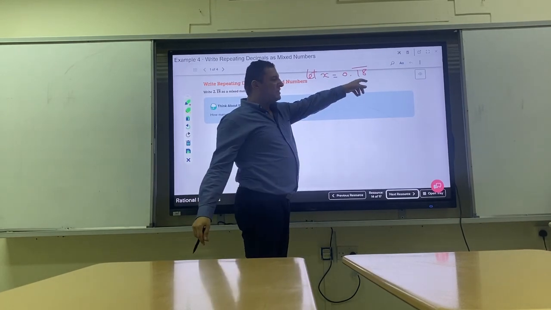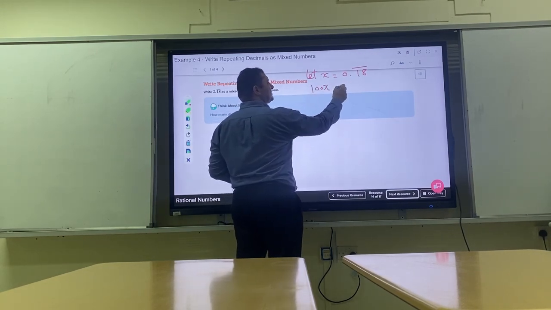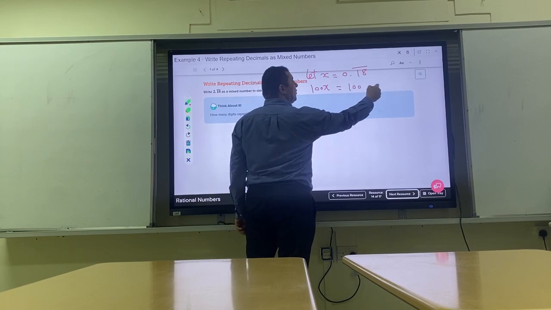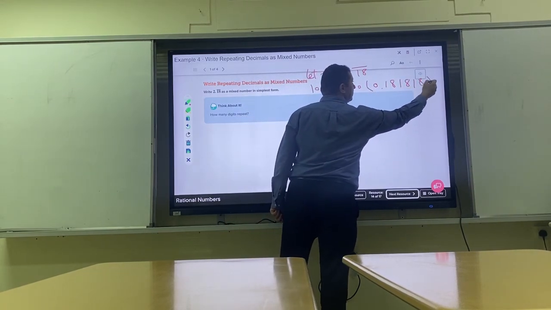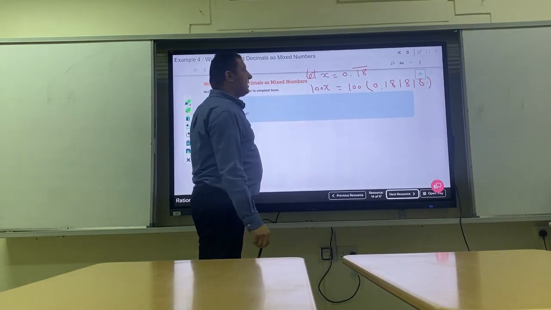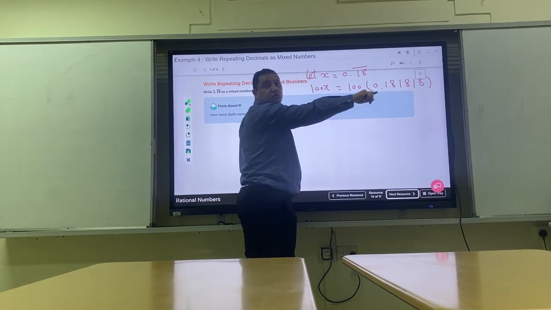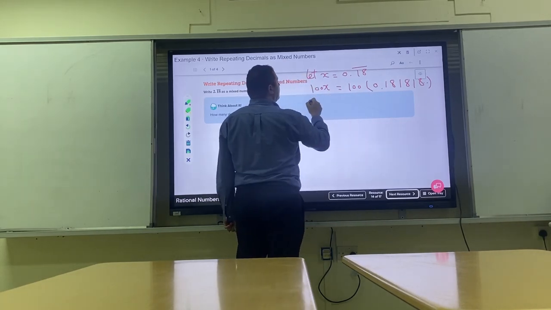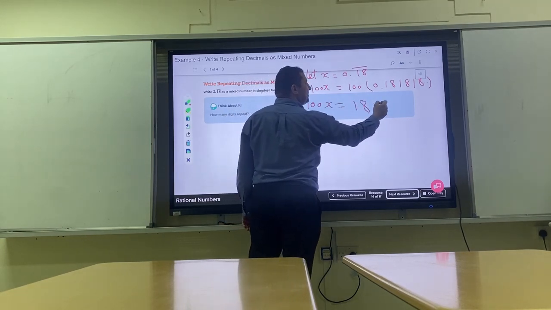Now because I have two decimal places, I will multiply by 100. So 100x is the same as 100 of 0.18, 18, and so on. When I multiply by 100, I move the decimal 2 spots to the right. So 100x is the same as 18.1818, forever.